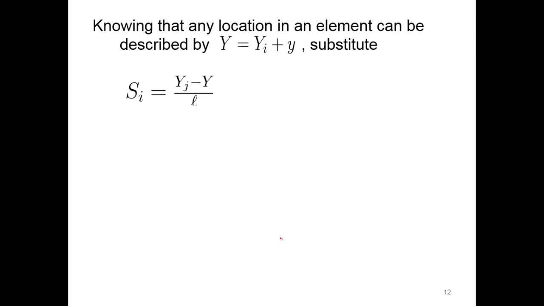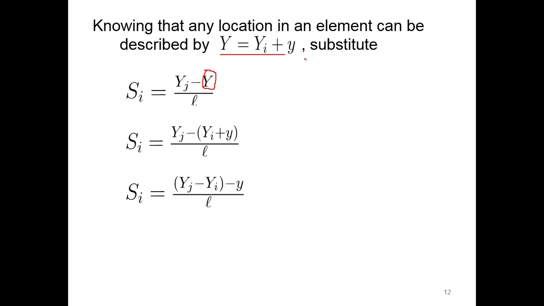We can substitute that now into our shape function. Here's the original shape function with the length of our element. Substituting for the y variable the location of any point within our element, we substitute in the function up here that we just derived. Solving, we're going to bring the two global coordinates together.